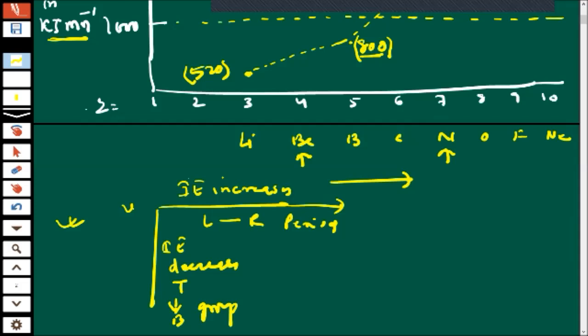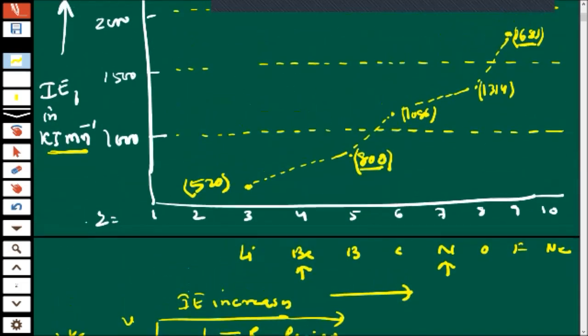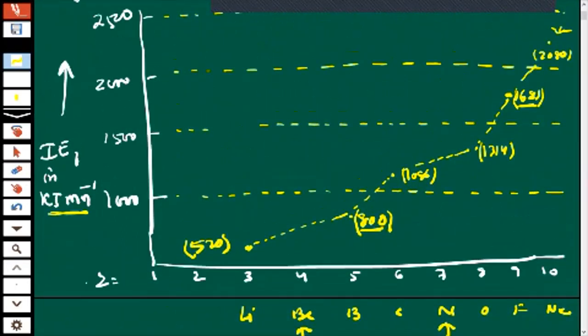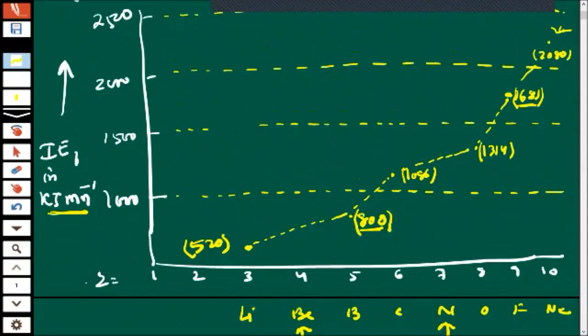But after that, some exceptional cases are there, children. See, till here we are satisfied. Okay, everything is okay. But see the ionization energy of beryllium. The position is here, and that value is nearly 900 kilojoule per mole.